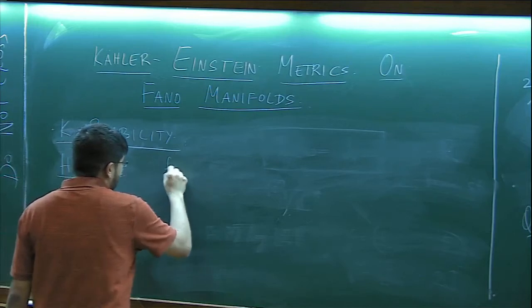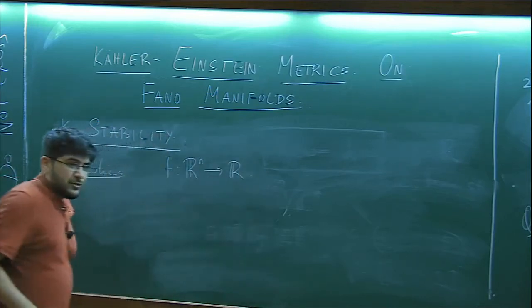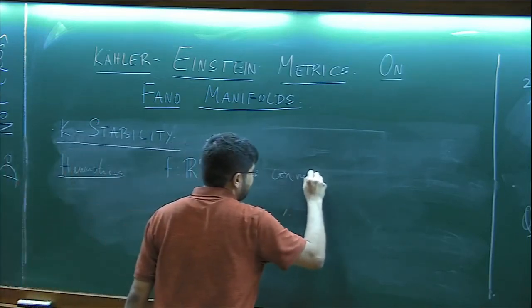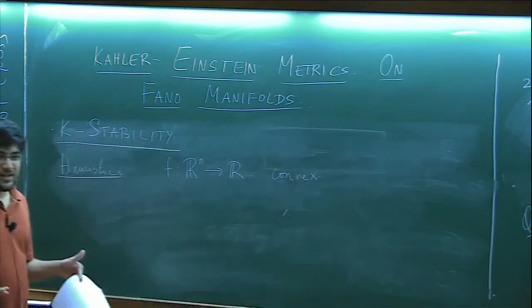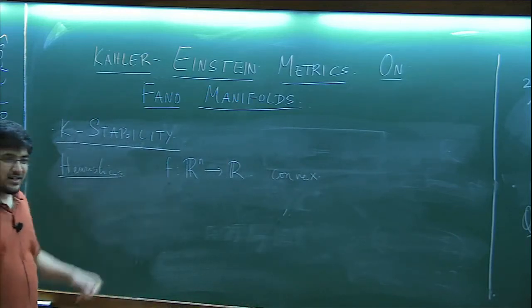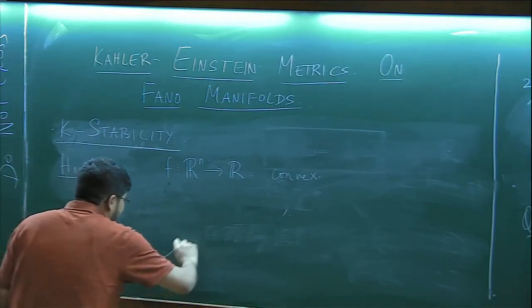Let's say I have a real-valued function defined on some finite-dimensional space, and let's say this is convex, and I'm trying to minimize this. So I'm trying to find a minimum of this functional. There are essentially three pictures.